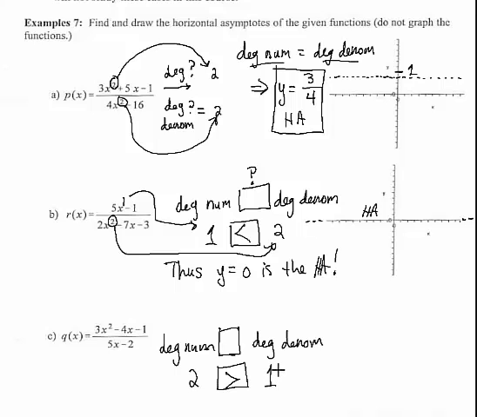So this does not have a horizontal asymptote, but that does not mean that it doesn't have an asymptote at all. It could have some other type, but we're not going to graph these types. So we could say no horizontal asymptote, but it could have some other type, or it may not have one at all.